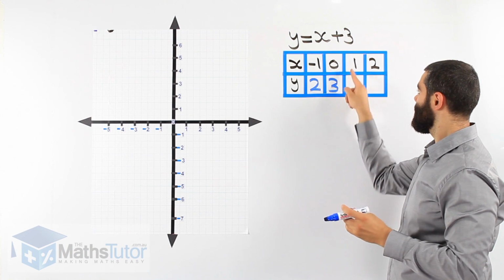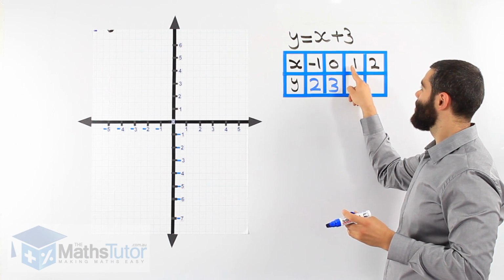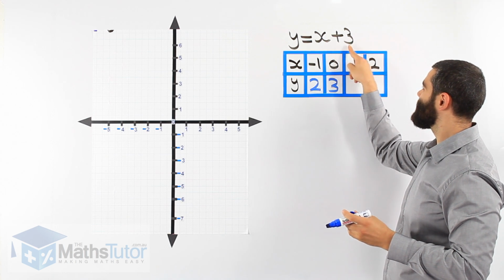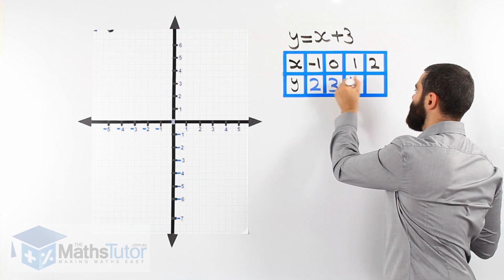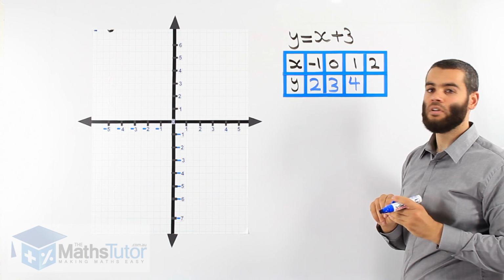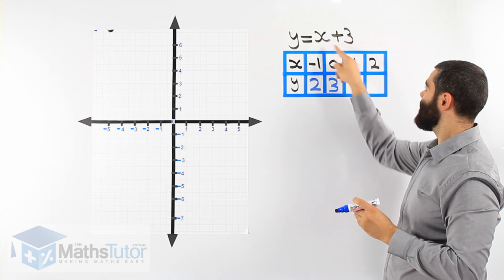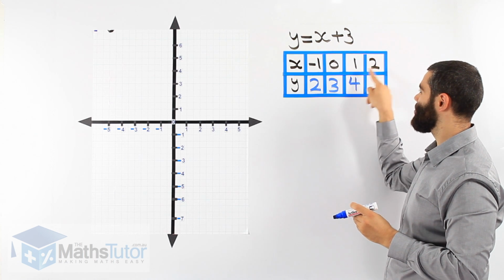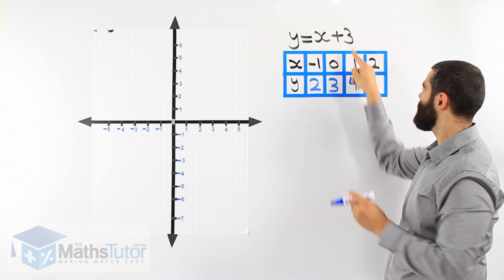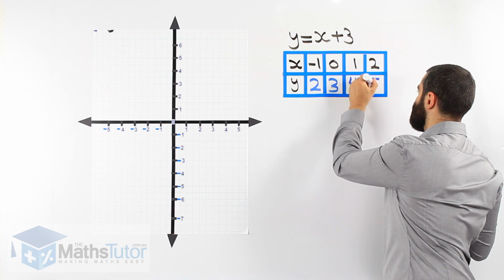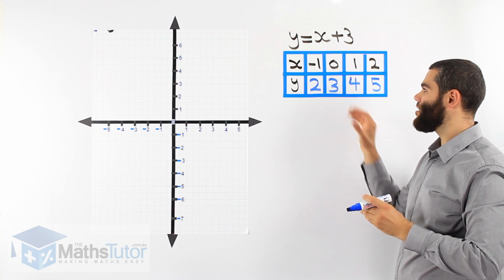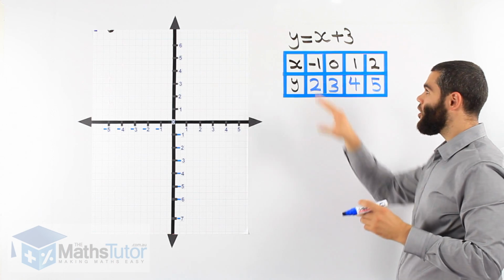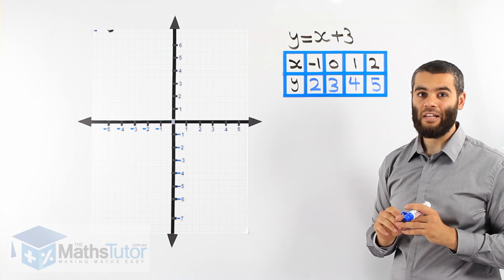The next one, x is going to be 1. 1 plus 3 is 4. And next one, x is going to be 2, so we replace x with 2. 2 plus 3 is 5. Now this is not going to be new to you. We've done this before. We've completed a table of values.